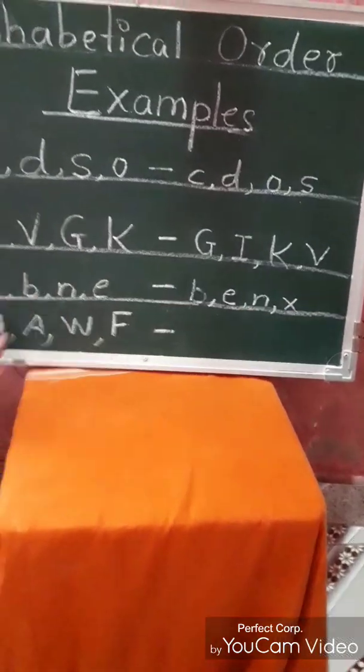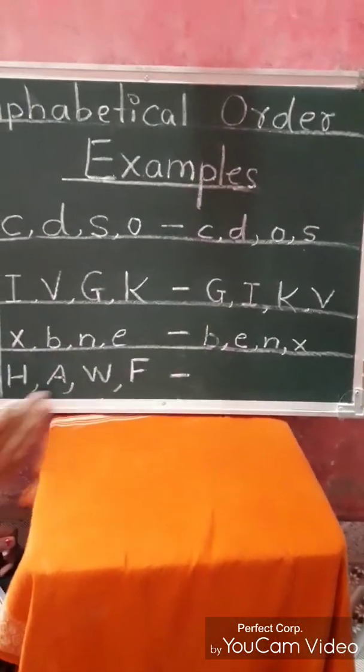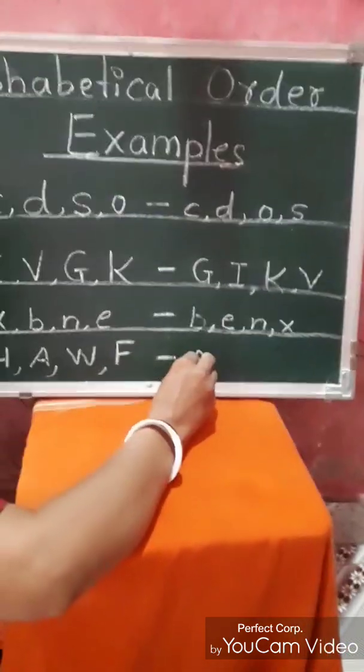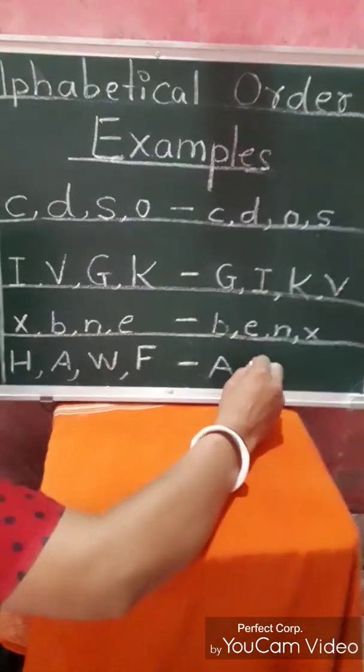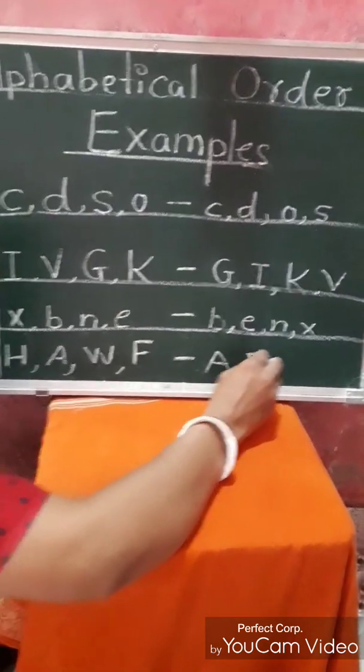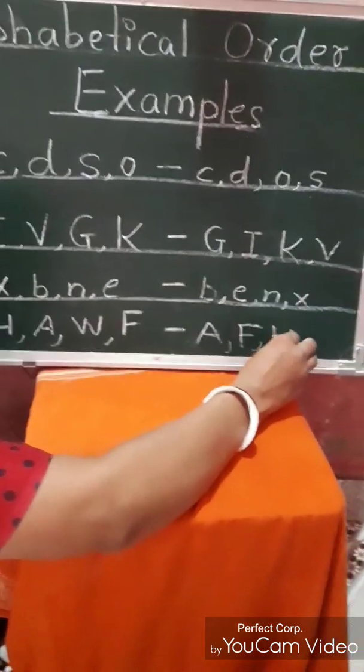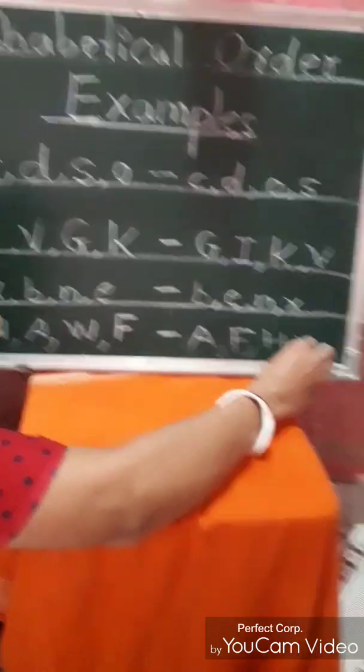Now move to the number 4 letters. Out of these letters, capital A will come first, A after F, F after H, and H after W.